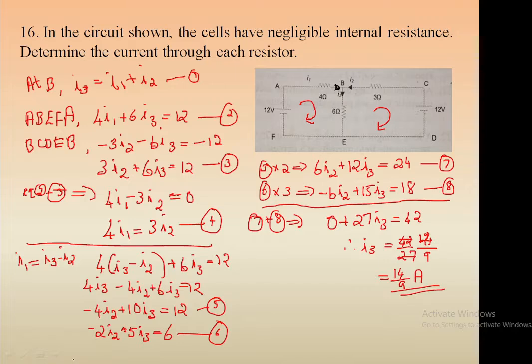Now how can we find out? Next we have to find out the I2. For I2, we have the relation connecting I2 and I3, that is equation number 3.